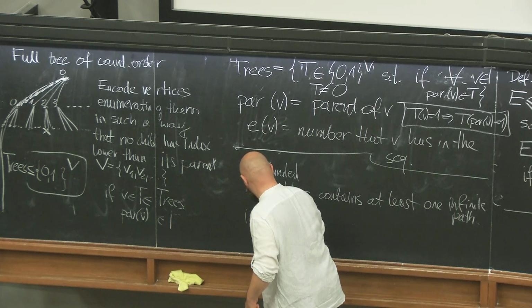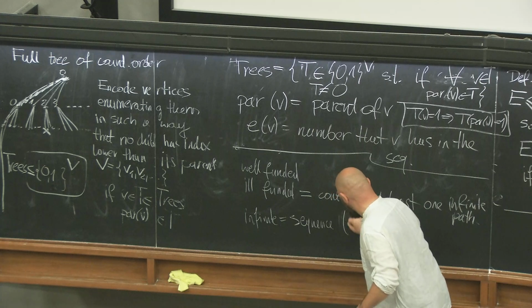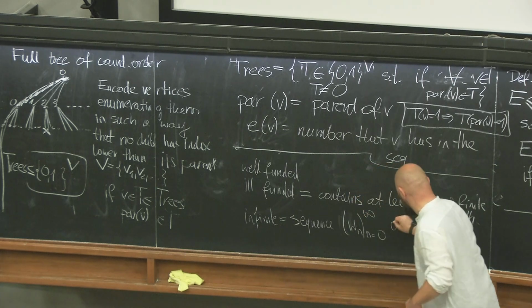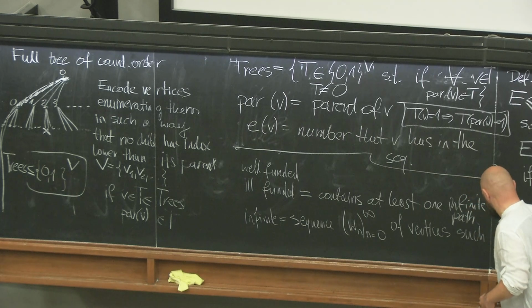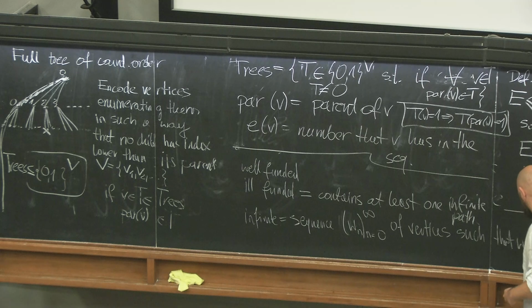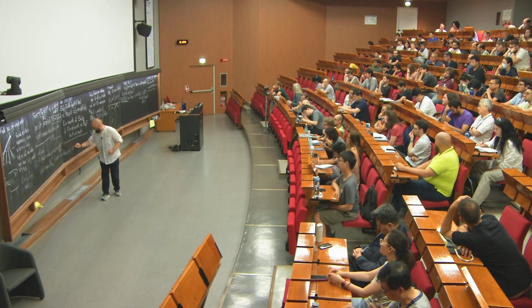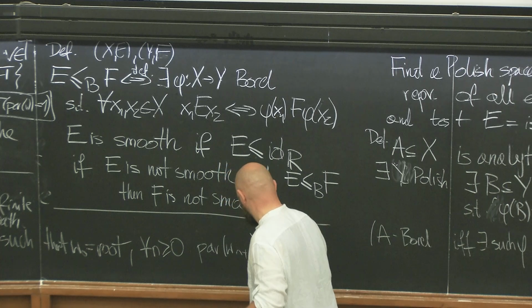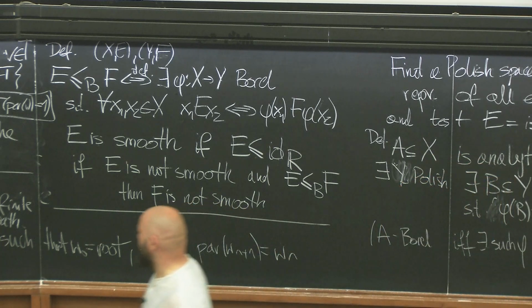An infinite path is a sequence W_n, n equals 0 to infinity, of vertices such that W_0 is the root, and for each n greater or equal than 0, the parent of W_{n+1} is W_n.